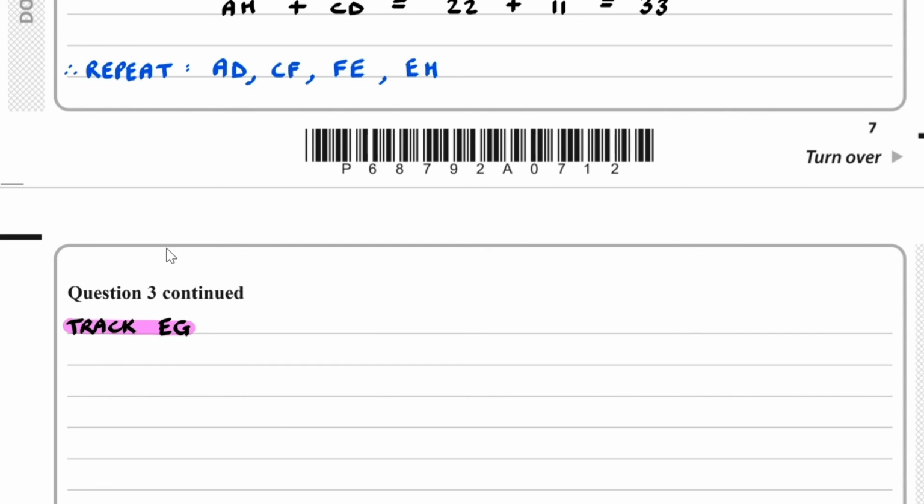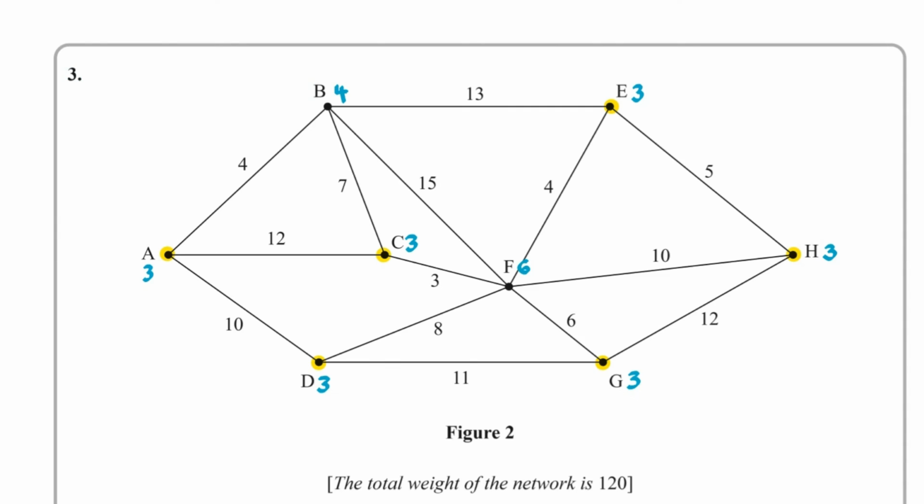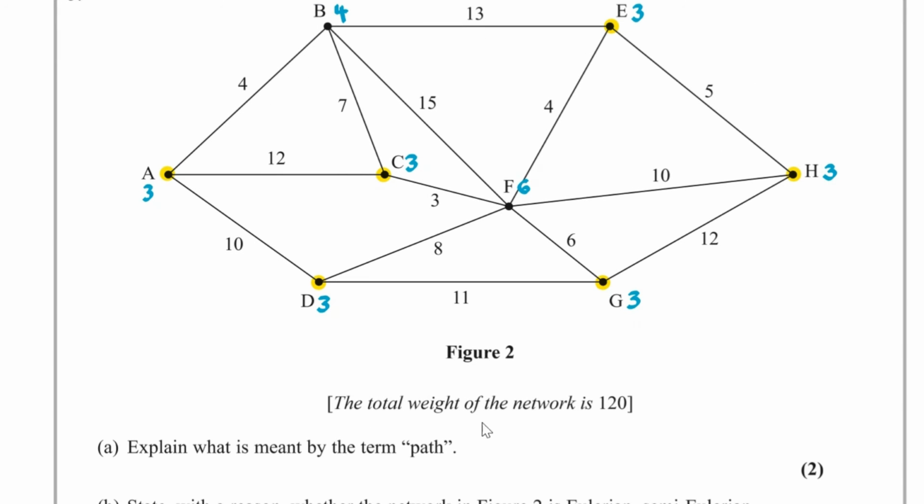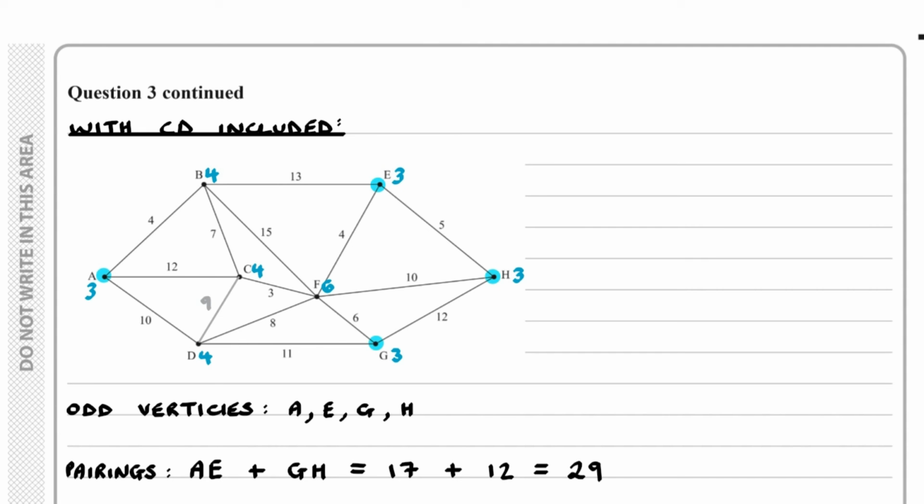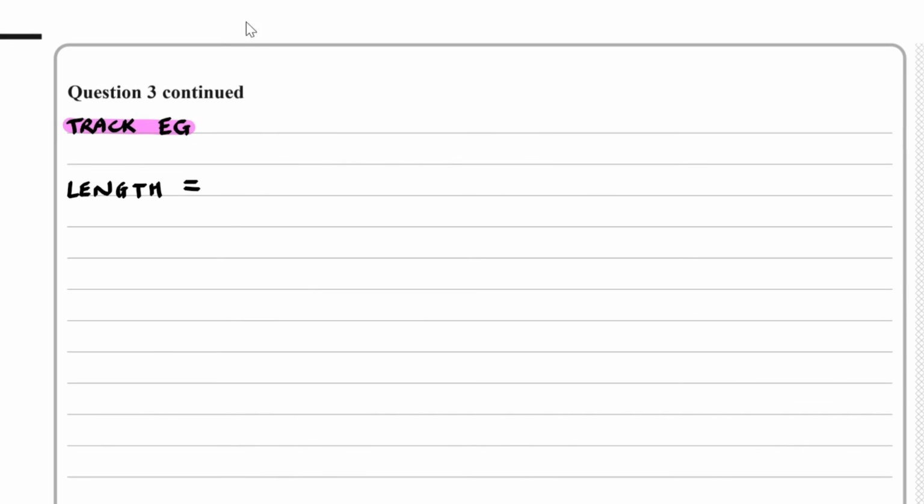So now for the total length, well, what we've got is the 120, and then what we do is we add on the 9, and then we add on the 22.